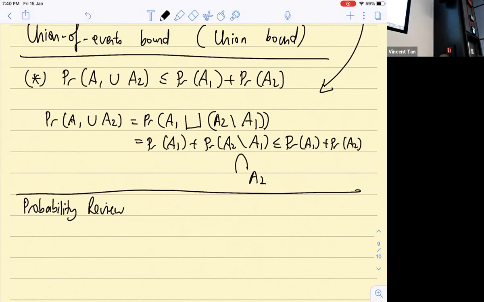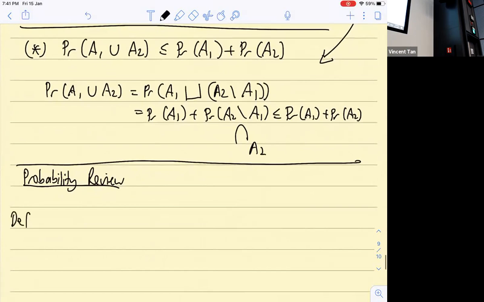All right, probability review. Definition. We are going to talk about conditional probabilities, and independence is important here.